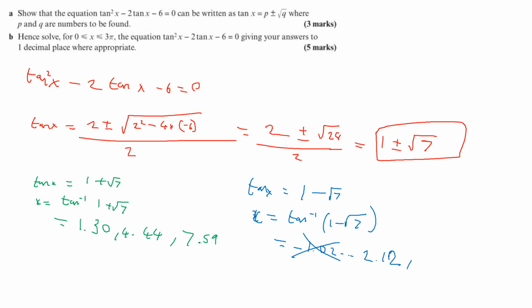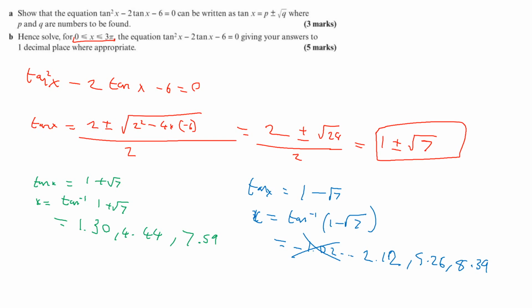We get the next value, which we add another pi, we'll get 5.26. Add another pi, we get 8.39. And then anything more than that will be bigger than 3 pi. Remember, it's between 0 and 3 pi.